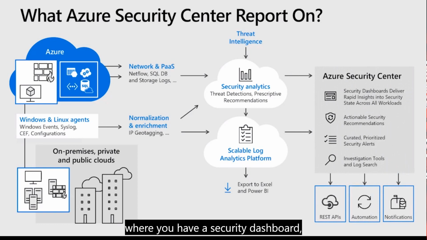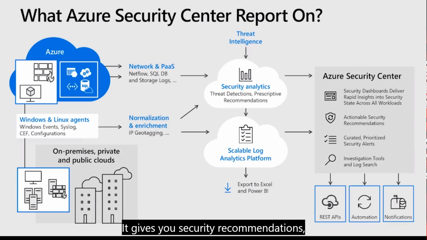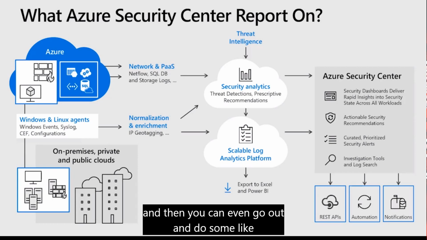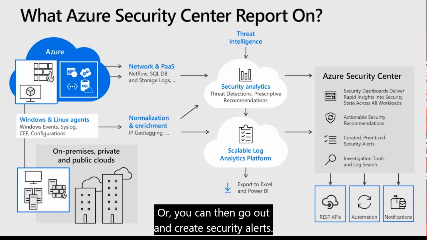where you have a security dashboard which delivers you the insights into what is going on in your environment. It gives you security recommendations, again, to take actions on these specific tasks. And then you can even go out and do some further investigation with log search and so on. Or you can then go out and create security alerts.